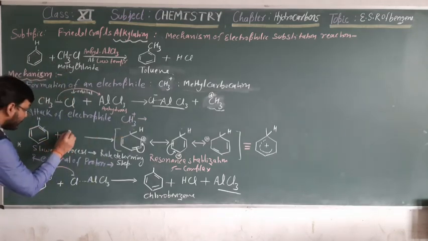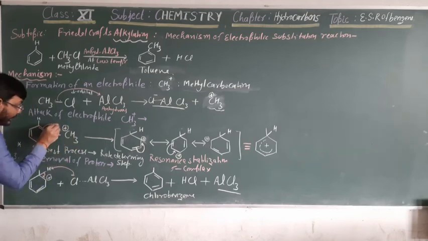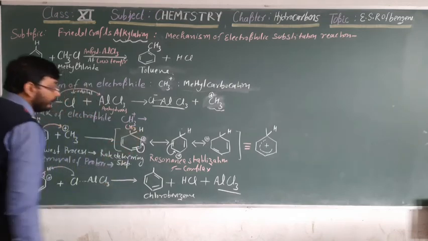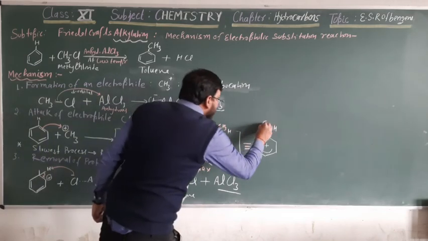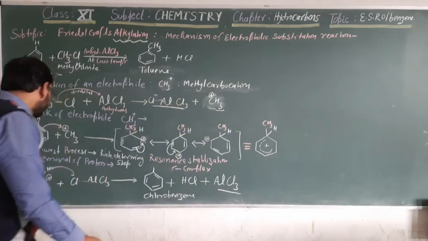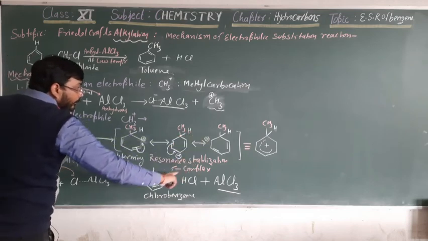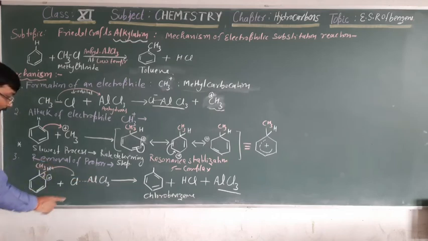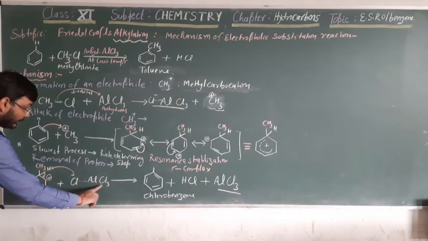So here the CH3 methyl carbocation will attack the benzene ring in such a way, and here CH3 will attach. So we can write here CH3 and CH3. Now this is the slowest step, the rate determining step. This sigma complex is formed. Now this sigma complex will release the hydrogen as a proton, in the same fashion to the AlCl4 complex.